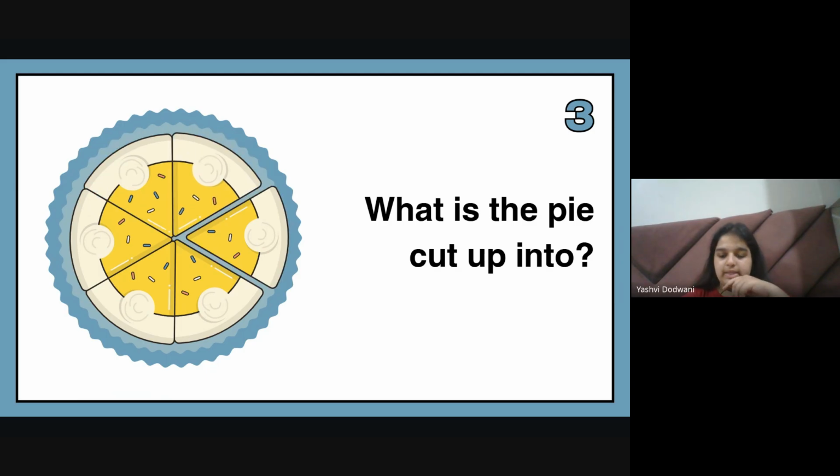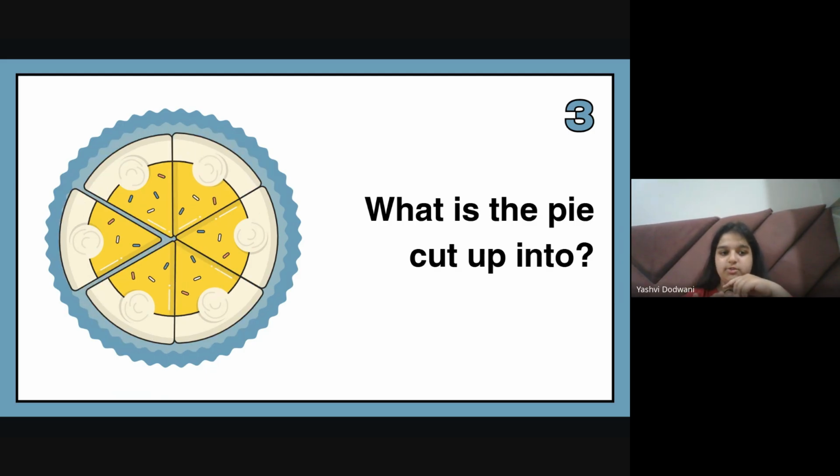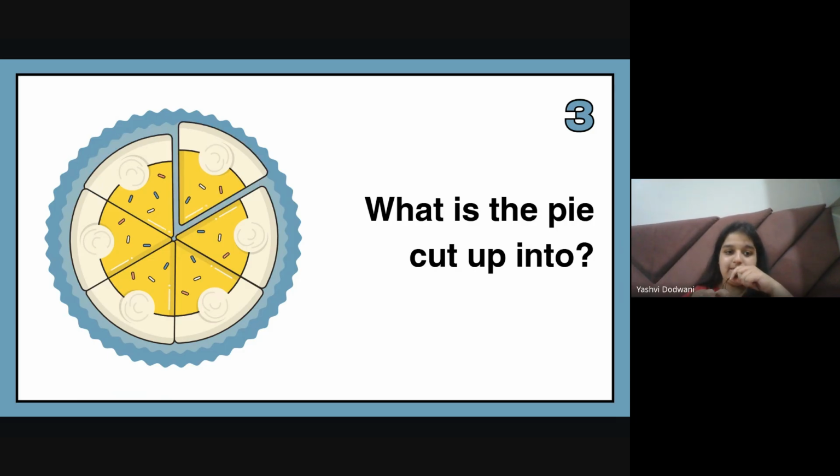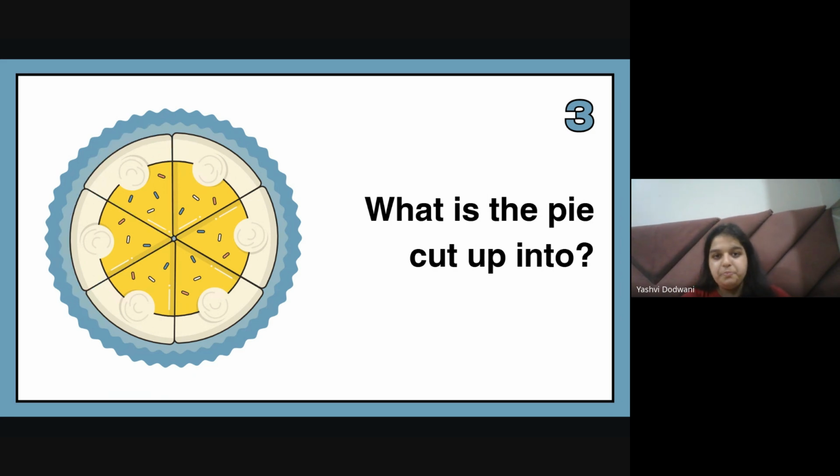How come 2 by 3 if this pie has 6 parts? So how come 2 by 3? Okay, no problem. I'll explain.